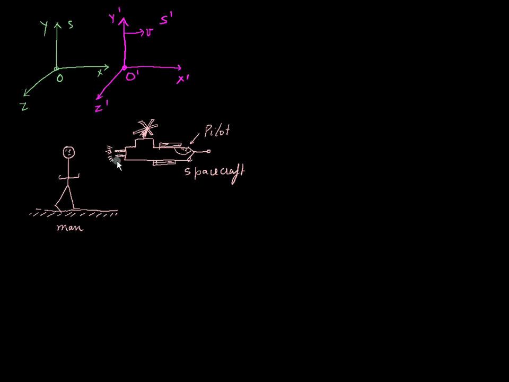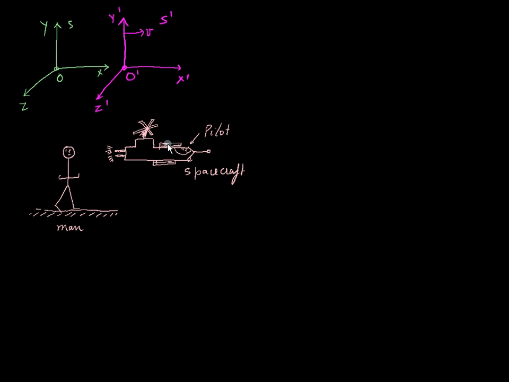I have to create this physical situation in a mathematical form. How I will create this situation is in terms of the frames of reference. Here the S frame denotes the surface of the earth. O denotes the man. This S prime frame, which is moving with velocity v relative to S, is a spacecraft.